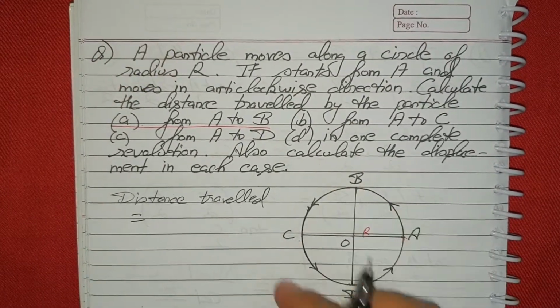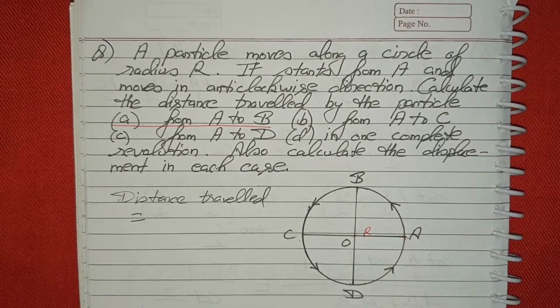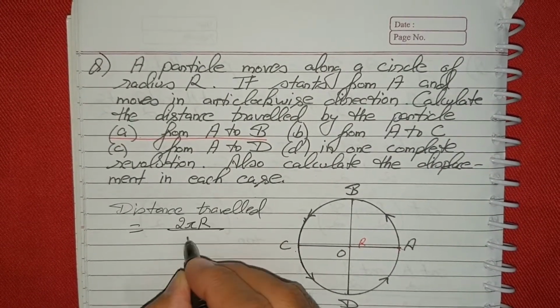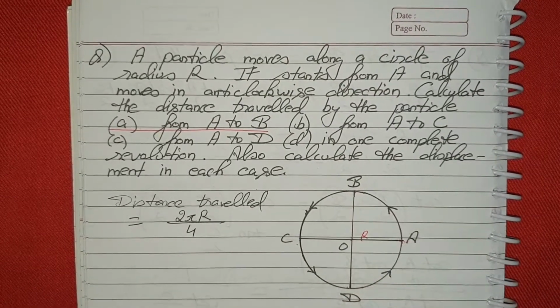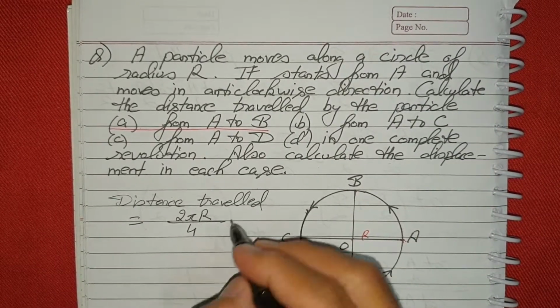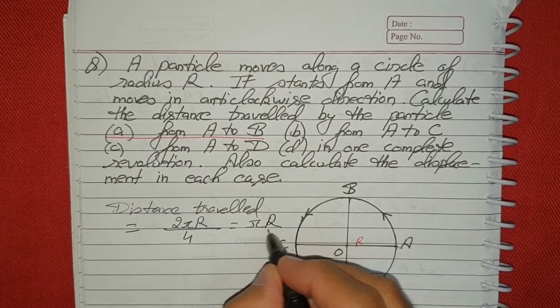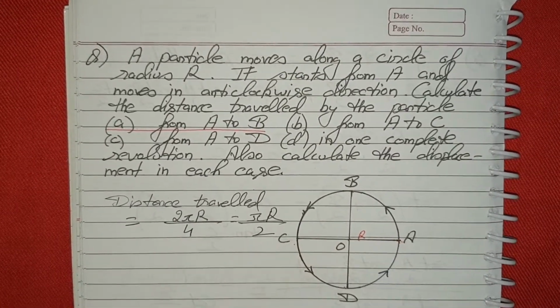In one complete revolution it is 2 pi r. So this will be 2 pi r by 4, because this is 1/4 of a circle. The distance is pi r by 2. You solve it.